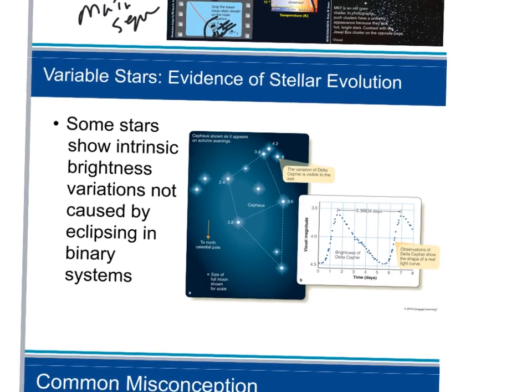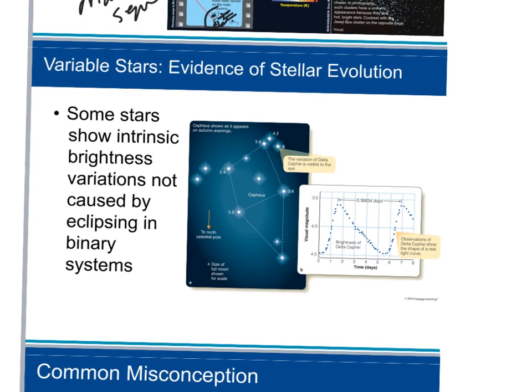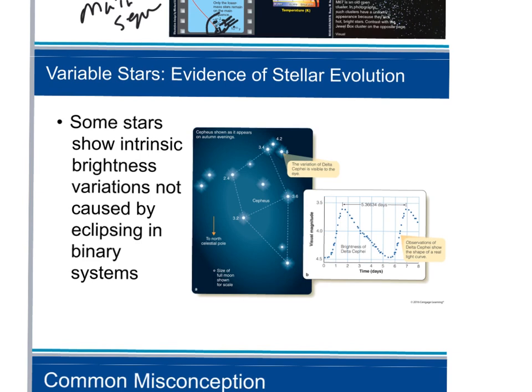And then another way of understanding the evolution of a star is through variable stars. So we looked at clusters of stars, and then we've looked at models of stars too. So there are two ways, and the third way is variable stars, and that's also the third way of showing evidence of stellar evolution. Some stars are intrinsically bright variations, not caused by eclipsing in a binary system.